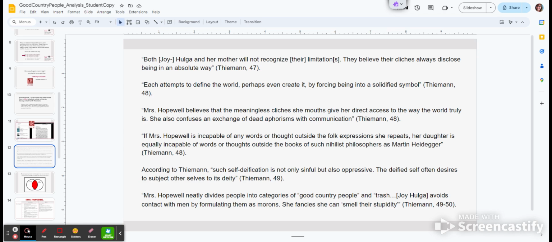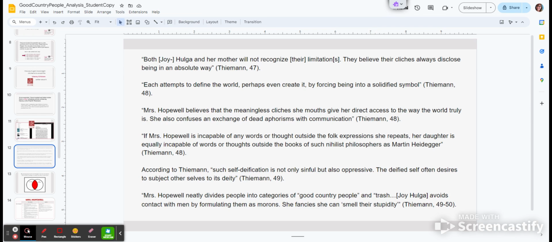Now, I would go so far as to say Joy Hulga's belief in being is that there is no being. She believes in nothingness, but that's even a deeper thing to go down. Second one: "Each attempts to define the world, perhaps even create it, by forcing being into a solidified symbol.